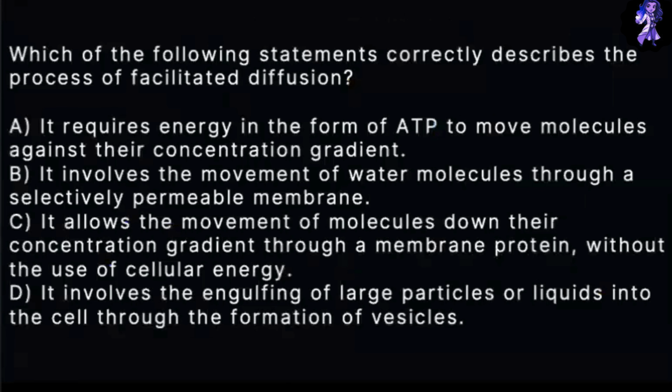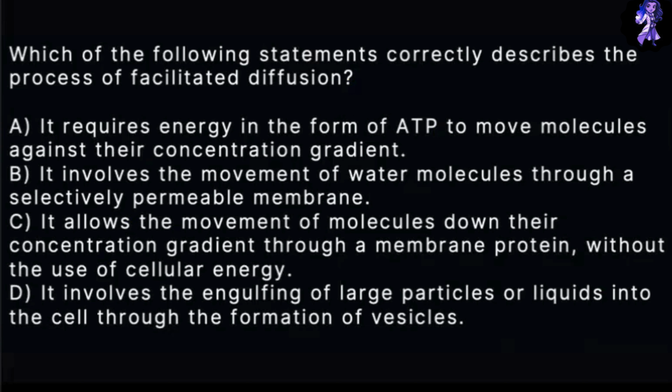Okay, now that you're done reading, the question states, which of the following statements correctly describes the process of facilitated diffusion? Is it A, it requires energy in the form of ATP to move molecules against their concentration gradient? B, it involves the movement of water molecules through a selectively permeable membrane?